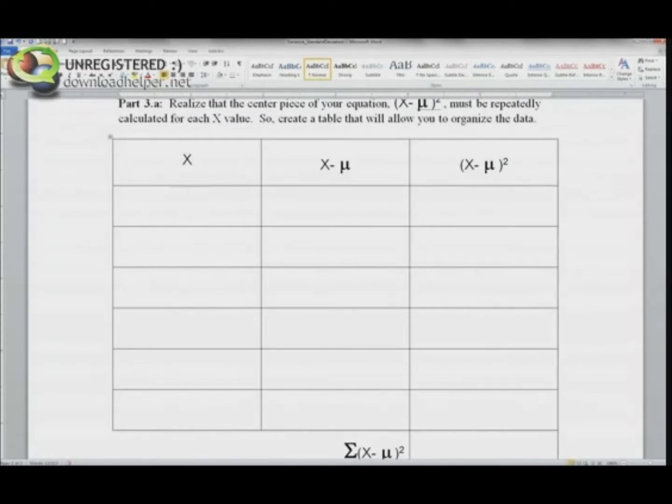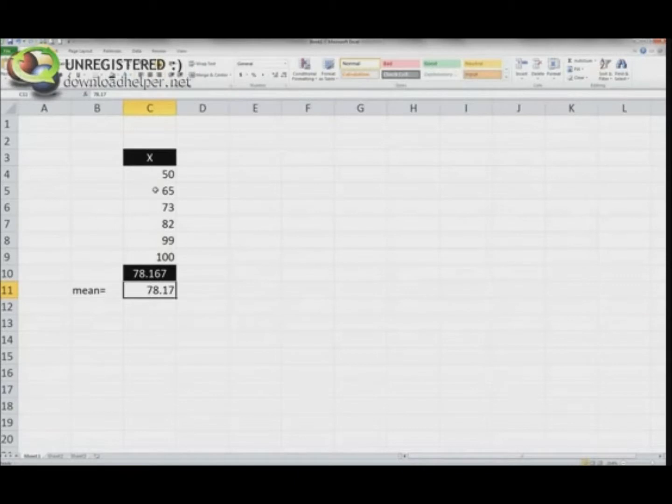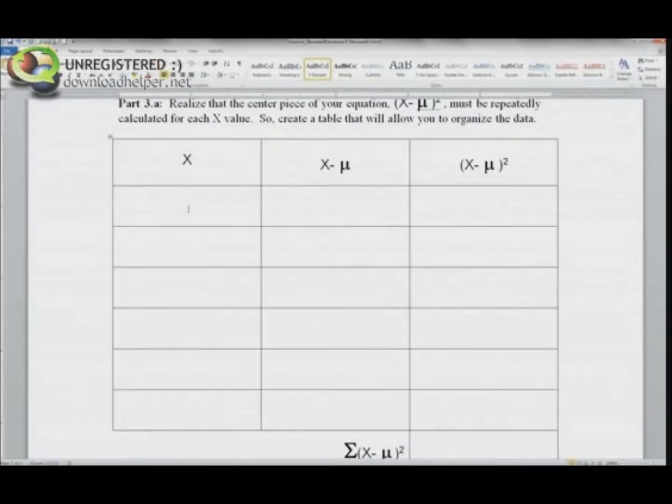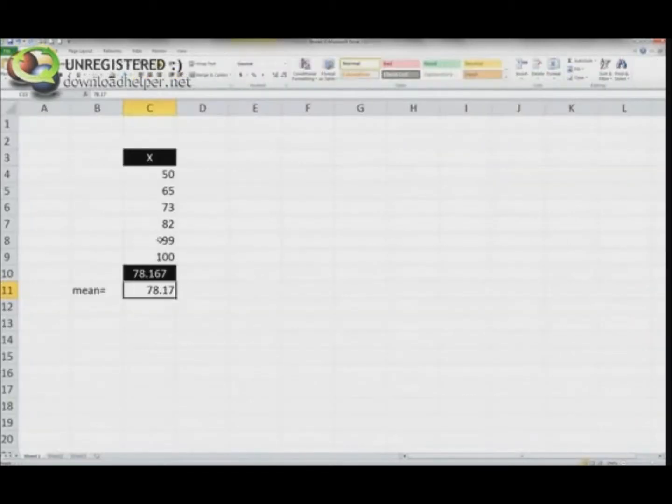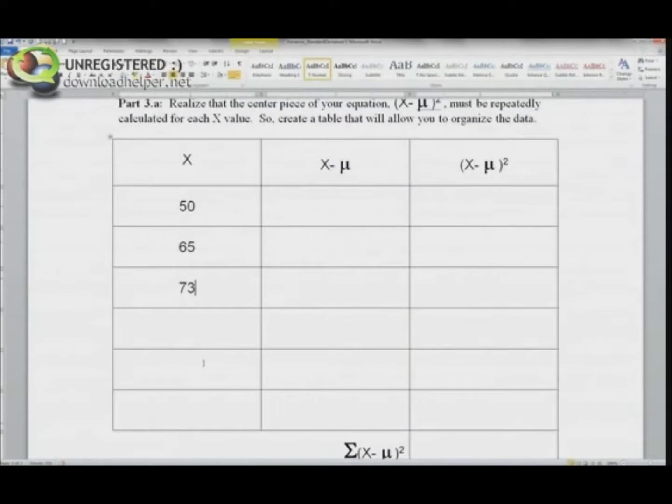And those values, I don't think I can copy and paste. 50, 65, 73, 82, 99, 100. Now what's the next step? Well, from this x value, I need to subtract the mean.